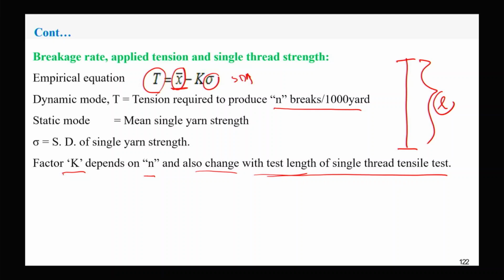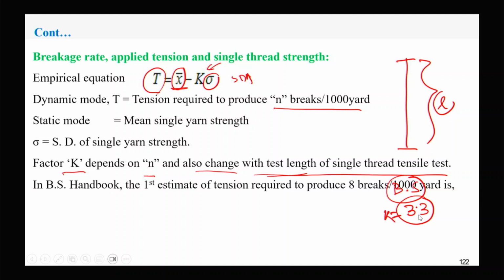But for a certain standard condition, the K value is constant. As per British standard, this is 3.3. K value is equal to 3.3.